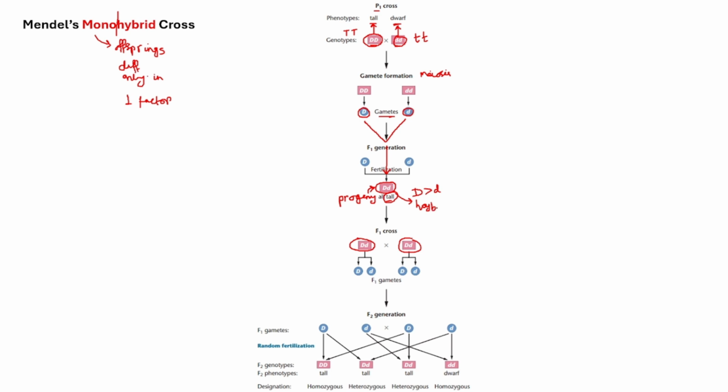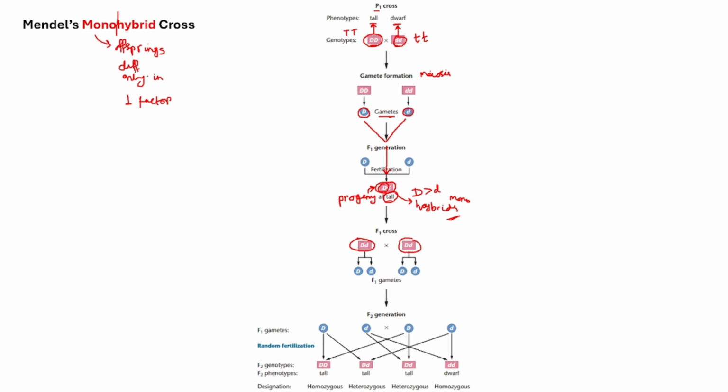These are monohybrids, as I was talking about. They differ in one particular factor: one factor they have is the factor for tallness, capital D, and the other factor is the factor for dwarfness. So they differ in only one factor, so they are called monohybrids.